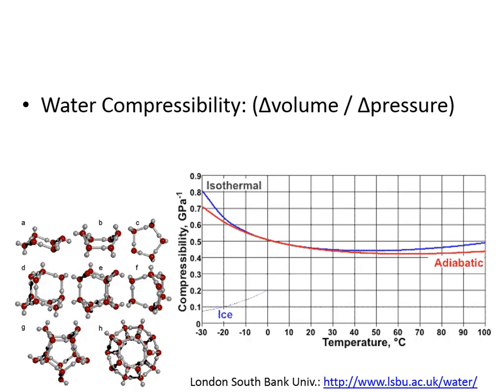The reason it is slightly compressible is that, depending on the pressure applied to water, it may take on different formations, where each one of these represents a water molecule. For H2O, the red is oxygen and the white balls are hydrogens. It's not that the molecule is changing shape, but how molecules relate to one another, their orientations.